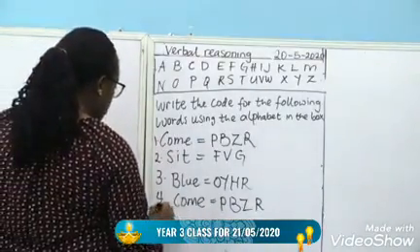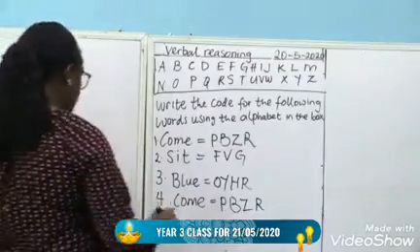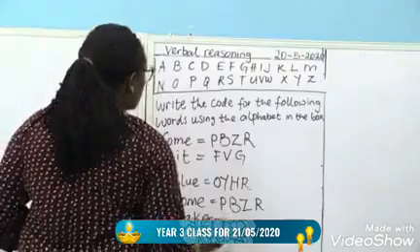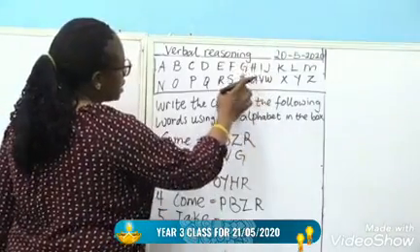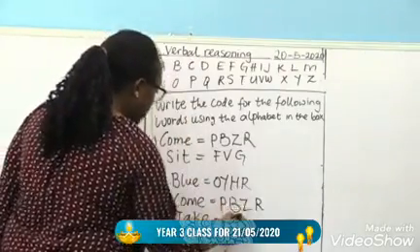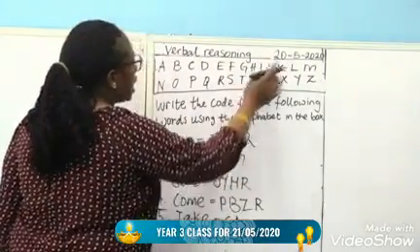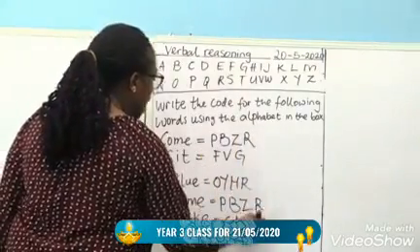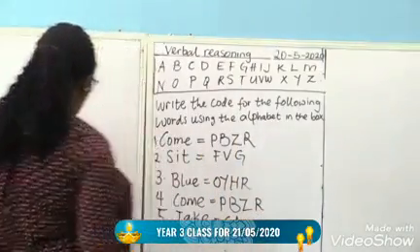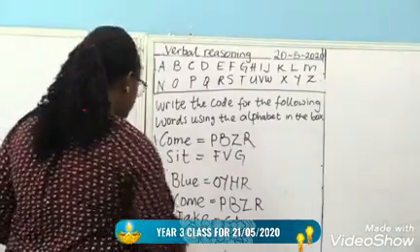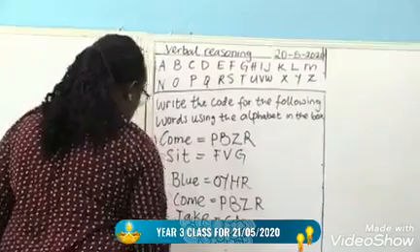Let's do one more. What's the code for the word take? We have that our T is G, our A is N, our K is X, and our E is R. So the code for the word take is GNXR. One more.